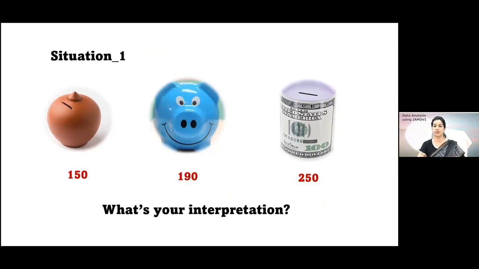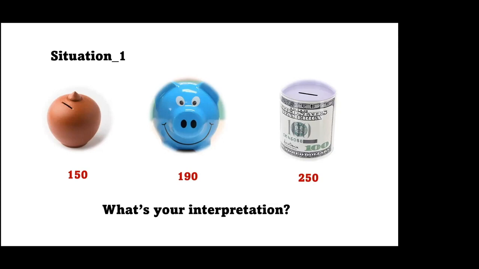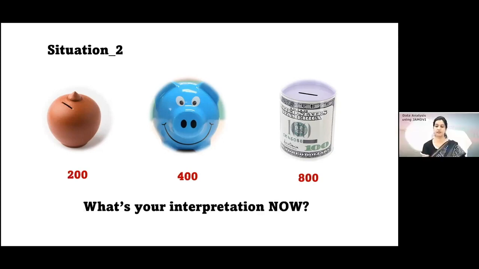So what is your interpretation? Is there any significant difference or not? You have to type in the chat box, yes or no? No, ma'am. No, because the difference is less than 500. Now, what is your interpretation?